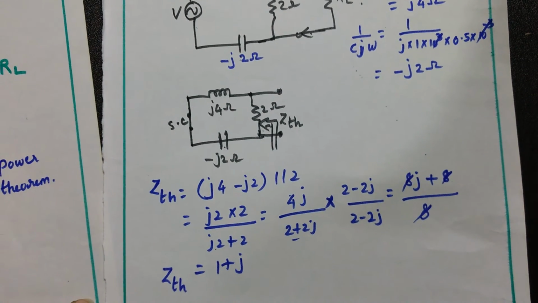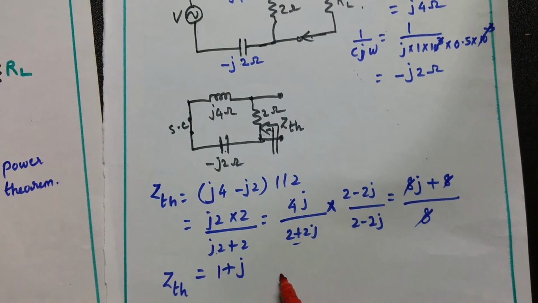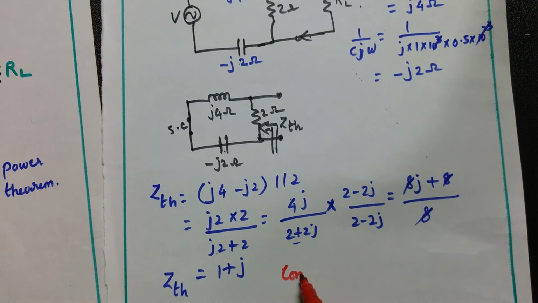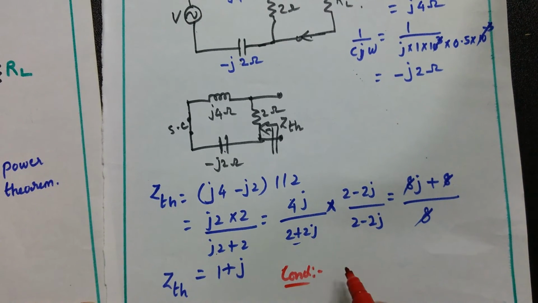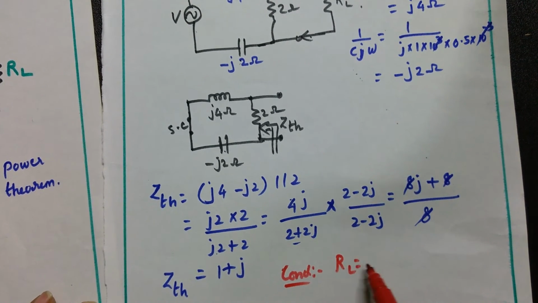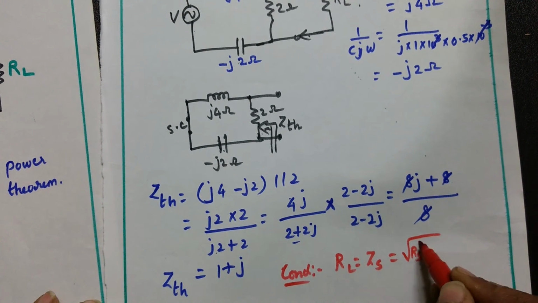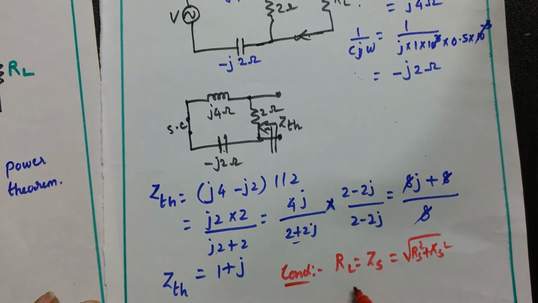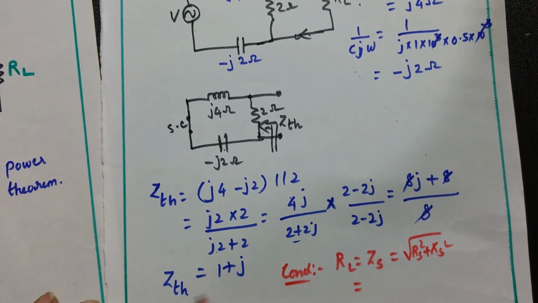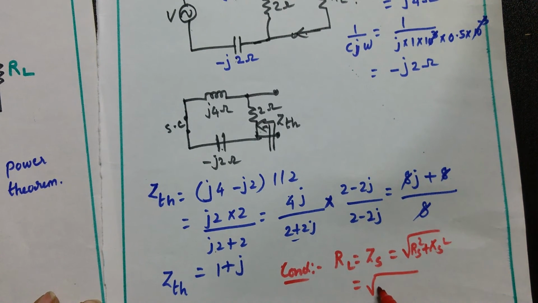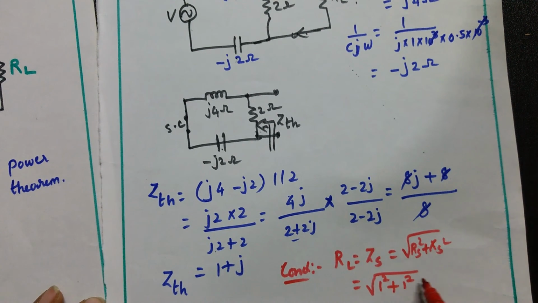So what is the formula? The condition for the maximum power to be delivered is that RL should be equal to the magnitude of ZS, which is the square root of RS square plus XS square. Here Z Thevenin is ZS, which we found out as 1 plus j. The real part is 1 and the imaginary part is 1, so root of 1 square plus 1 square is root 2.